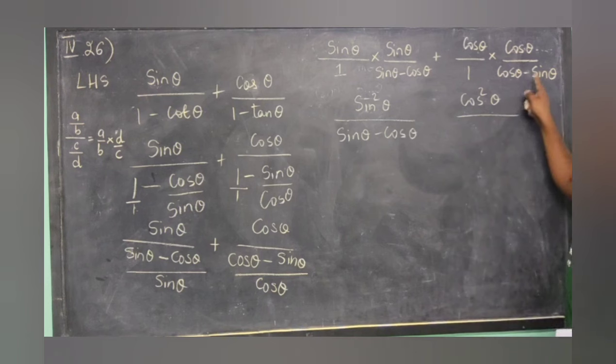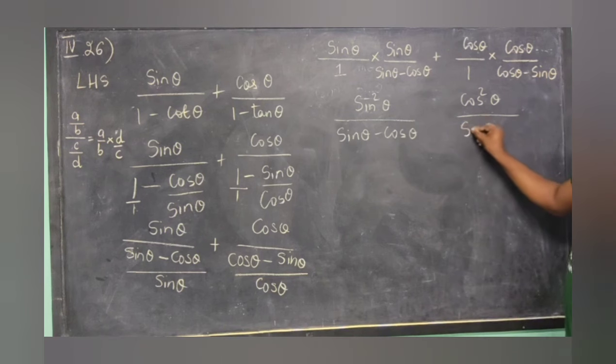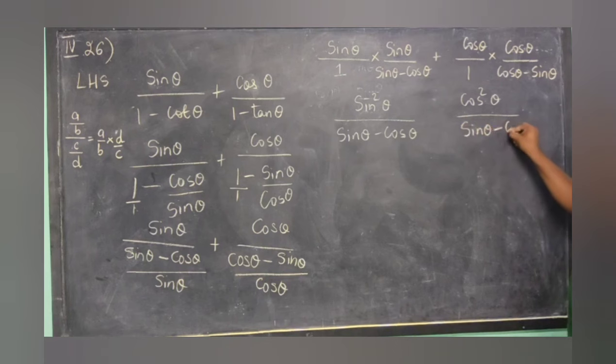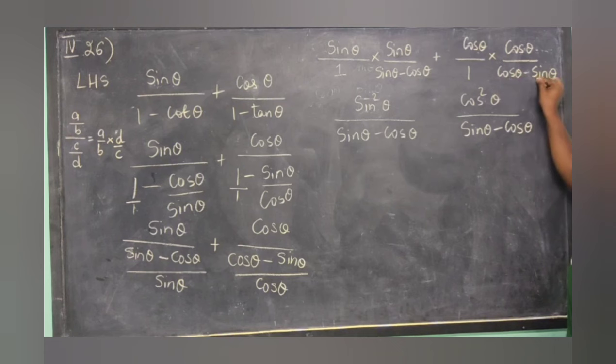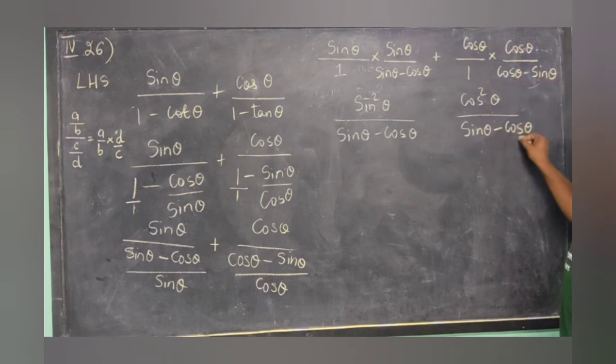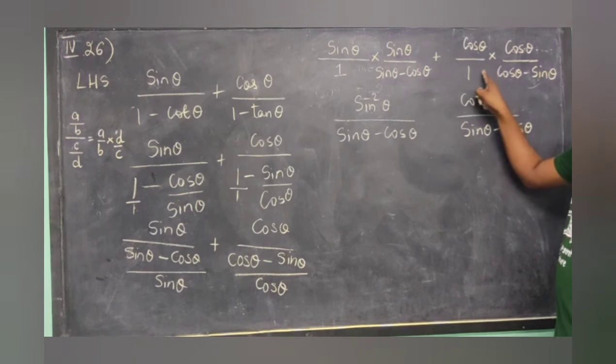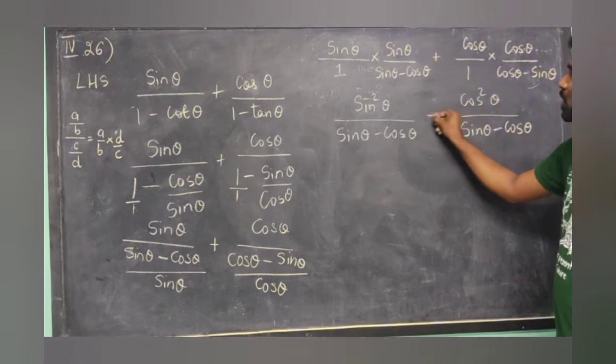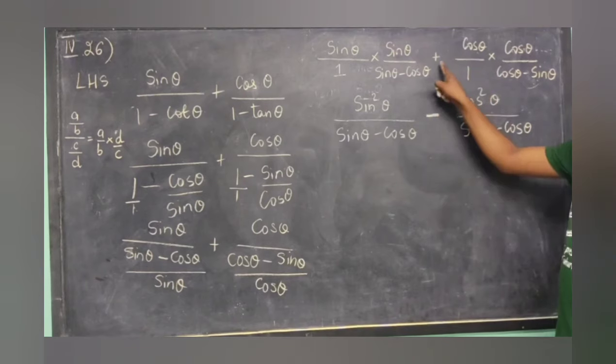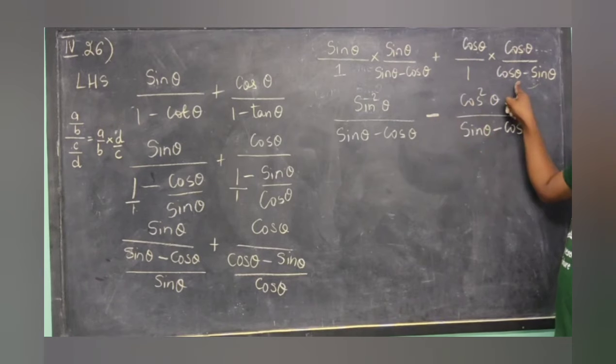If I take minus common, the terms will interchange. That is sin theta minus cos theta. Plus into minus becomes minus. Plus has become minus because I have taken the minus sign common here.